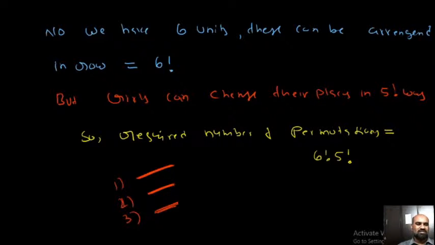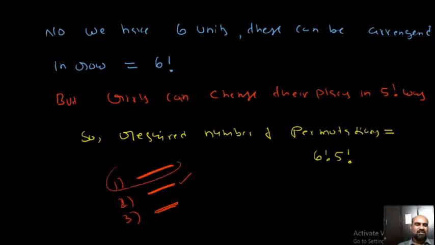That is the second one. It means all 5 girls should not sit together. 3 can sit, 4 can sit, but all 5 can't sit. What is the third problem? No two girls come together. That is different, so I want to explain all 3 situations.